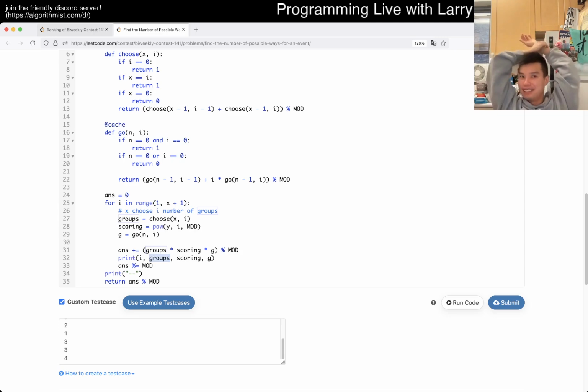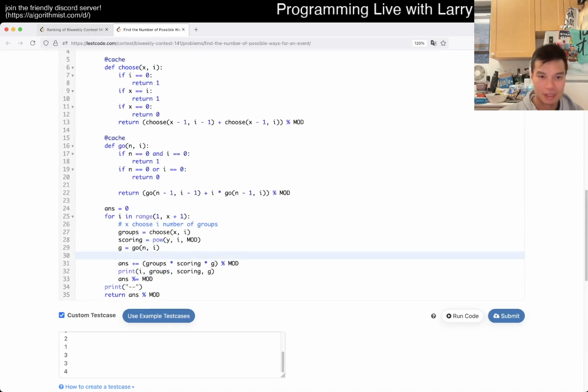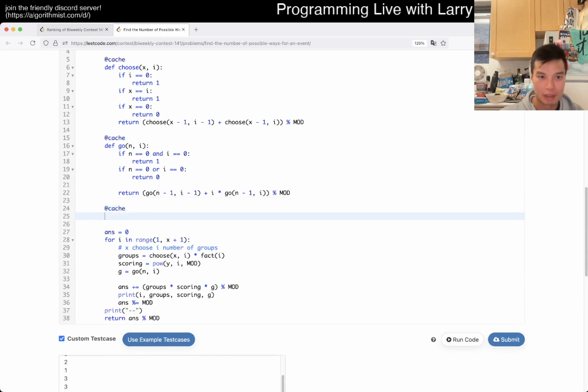I feel like that's another formula, but I'm just being bad at it. So it's not choice, it's permutation. And I'm multiplying it back in, but I'll have to rewrite this.